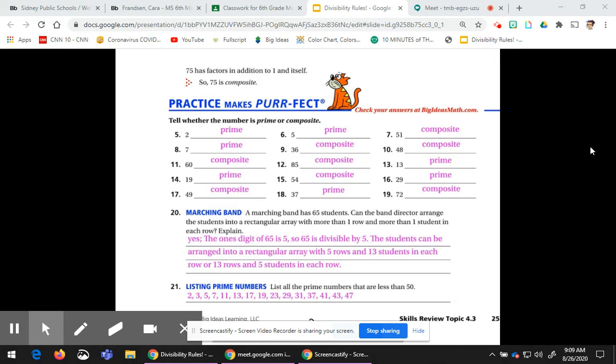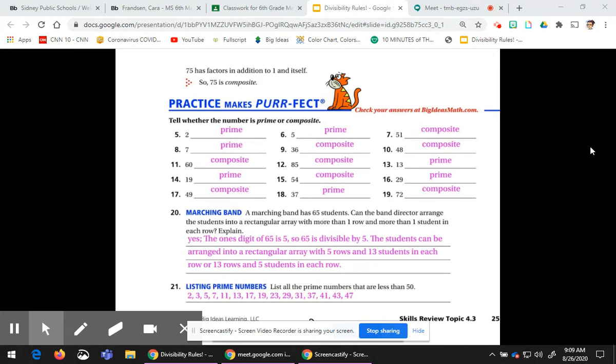So let's look at number 20. If you didn't get number 20, did I say that was okay and not to stay up until 3 in the morning? Yeah. So on number 20, it says a marching band had 65 students. Can the band director arrange the students into a rectangular array with more than one row and more than one student in each row?